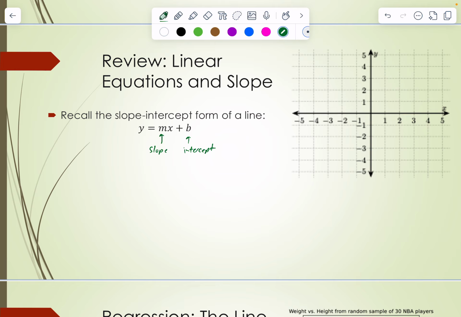And the graph of the line is the set of all points that satisfy this equation, okay? The set of all points that make that equation true.